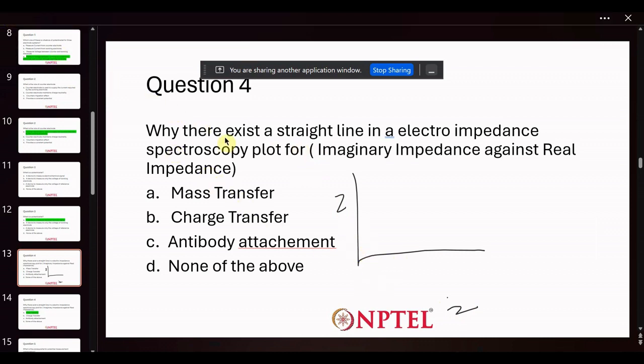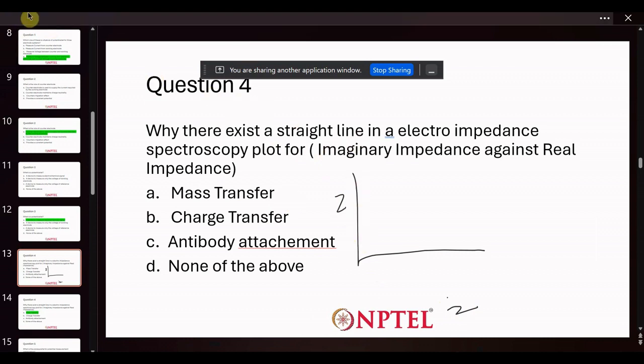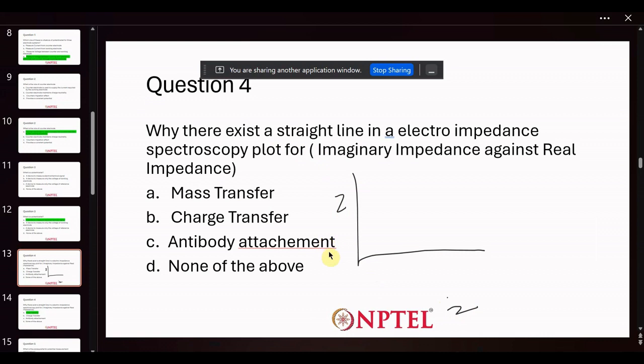Excuse me for my drawing. There will be some amount of mass transfer happening before we actually get a plot between these two. So it is like a semicircular plot, but there is some gap before the zero, and so it is somewhat like this.